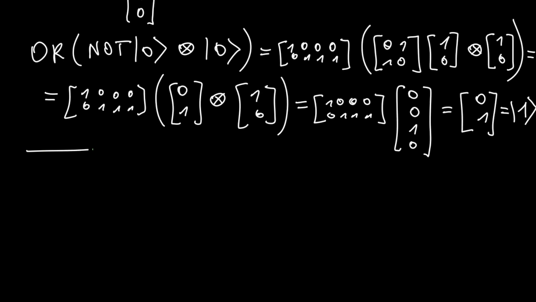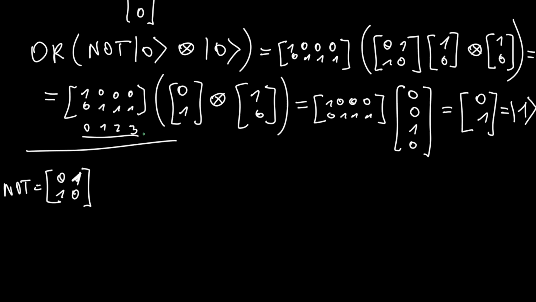So if we have a so-called NOT gate, as we looked at before, 0 1 1 0. Basically, you can just enumerate 0 1 2 3 and decide what this matrix would do with each vector.